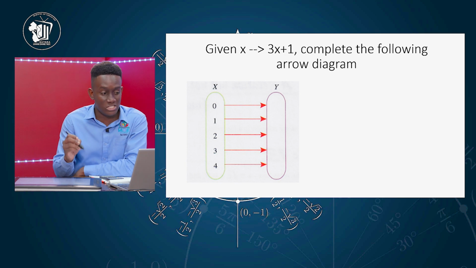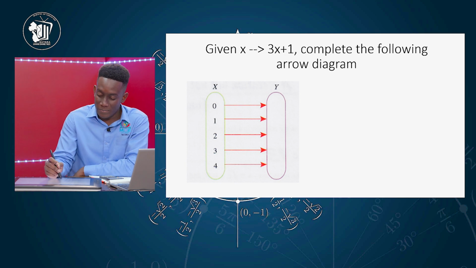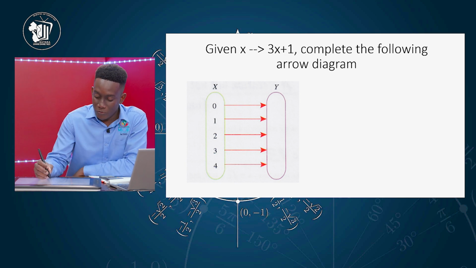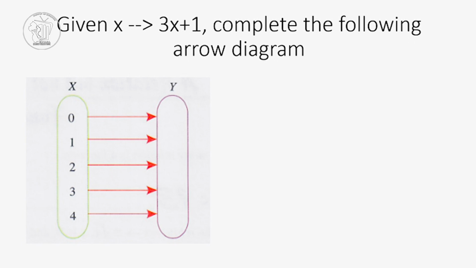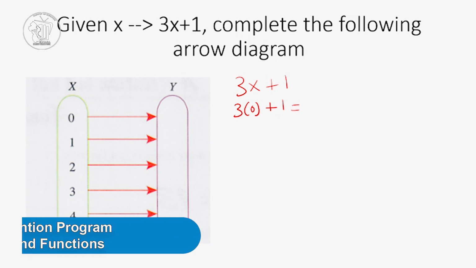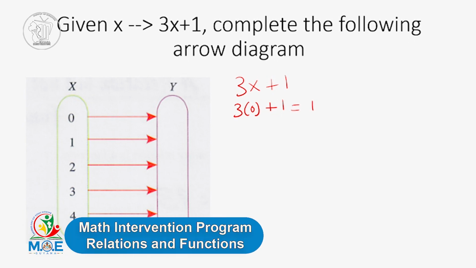So you have to take each element in the domain and plug it in this rule, and we'll receive an element in the codomain. So for the first one, we have 0. So the rule is 3x plus 1. So this will be 3 multiplied by 0 plus 1. So 3 times 0 is 0, plus 1 would be 1. So 0 will be mapped onto 1.